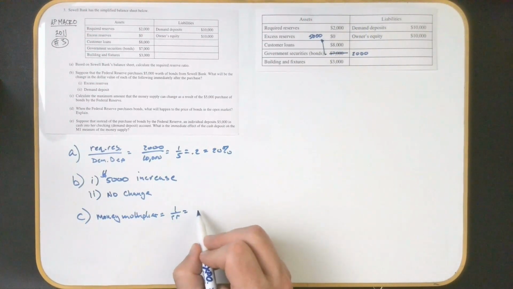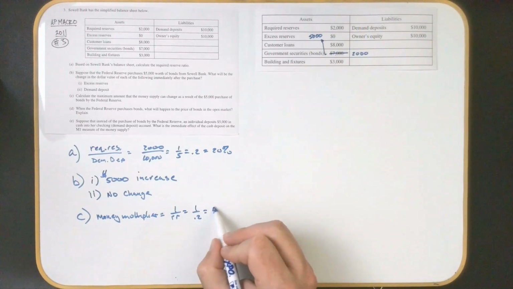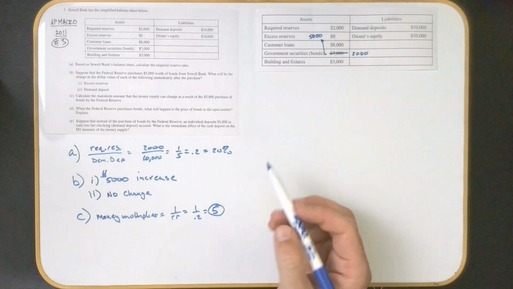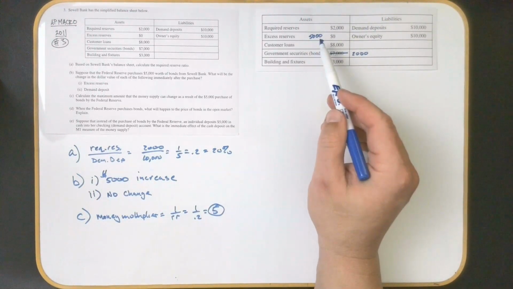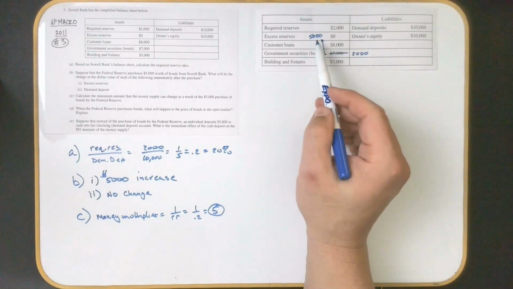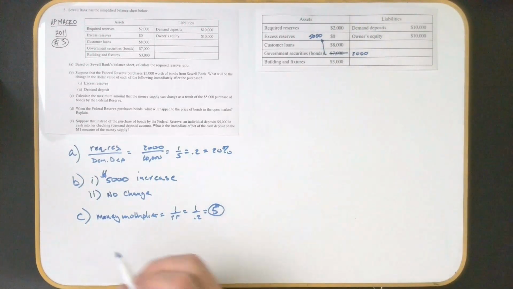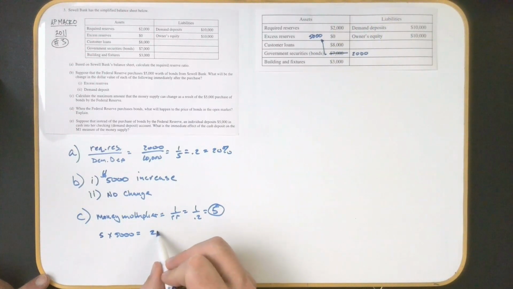The reserve ratio is 0.2, so our money multiplier is 5. We need that, and it says, so the Fed buys bonds, and we just threw that in there. Well, the maximum effect of that going through the entire banking system is going to be 5 times 5,000, which is going to equal 25,000.